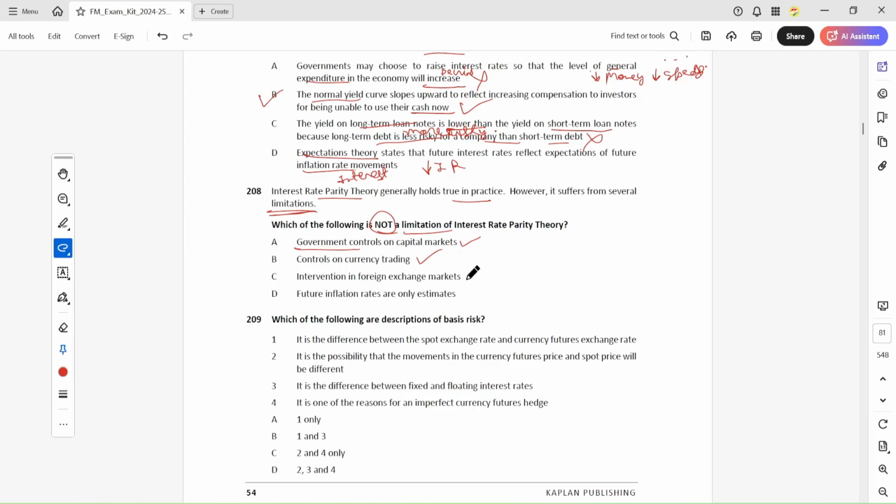And intervention in the foreign exchange market: yes. Future inflation rates are only estimates: this relates to purchasing power parity, not interest rate parity. So these are the limitations, and this one relates to purchasing power parity, so it is not a limitation. This one is the right answer.